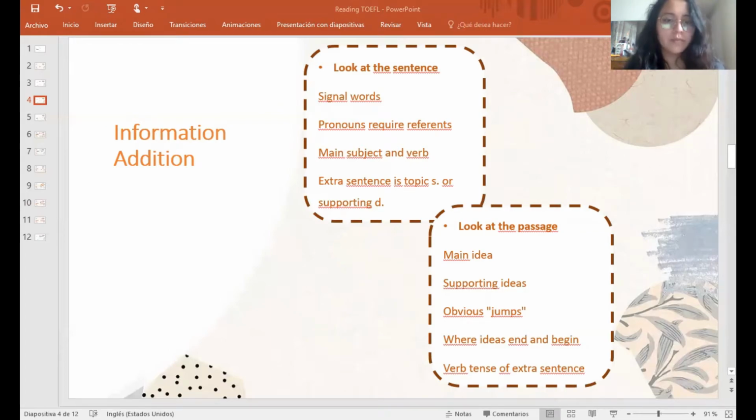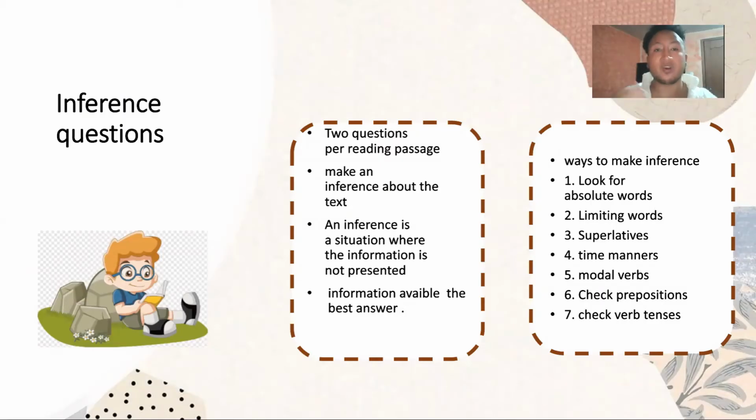In this part, we have inference questions. At least 2 questions per reading will require you to make an inference about the text. An inference is a situation where the information is not presented in the passage, and you must use the information available to choose the correct answer.